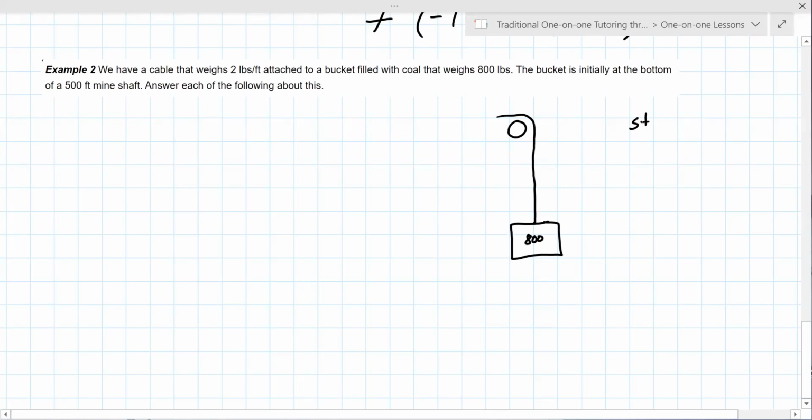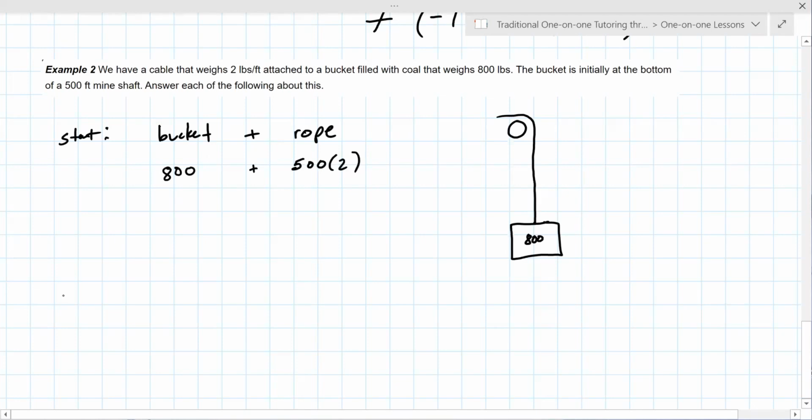So when you start, actually, let me move this over here. When you start, you're pulling both the bucket plus the rope, which, of course, but the rope has weight, meaning it's 800 plus however much rope you have times 2 pounds per foot.